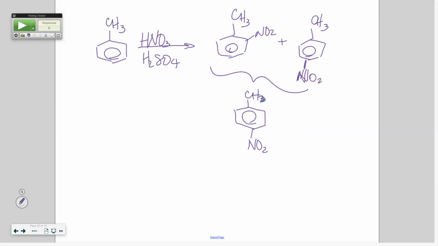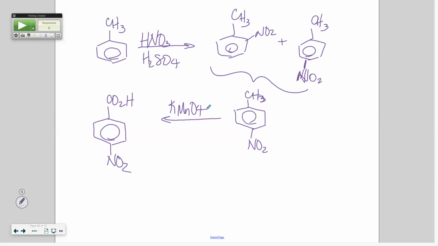Okay, so now what am I going to do? How can I get to this? What am I going to do? Yeah, KMnO4 will work. The other one is the chromium, the dichromate acid.